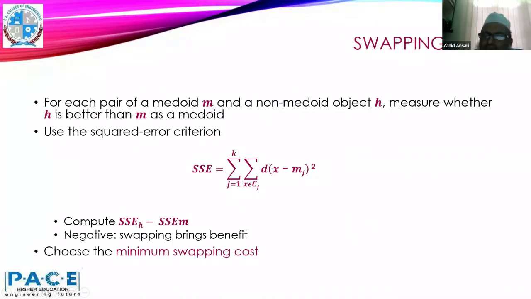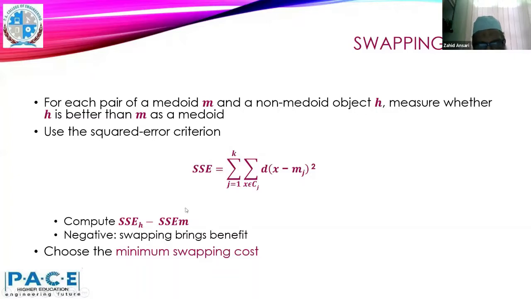When we say the swapping cost, we want to minimize the swapping cost. Let's say for each pair of a medoid M and a non-medoid object H, we are testing: can we replace the medoid M with the non-medoid object H? So we measure the sum of the squared error. If we keep the same medoid, what is the sum of the squared error? And if we replace that medoid with H, what is the sum of the squared error?